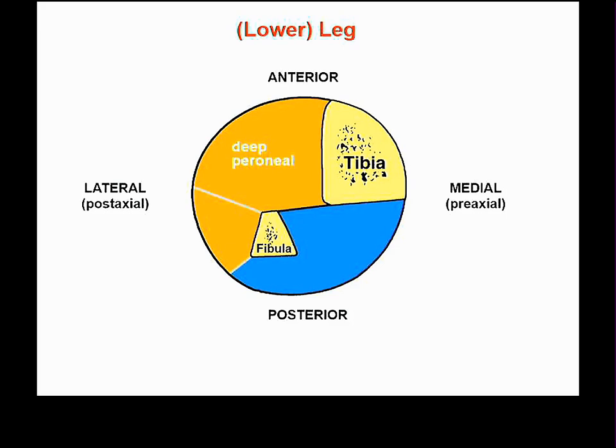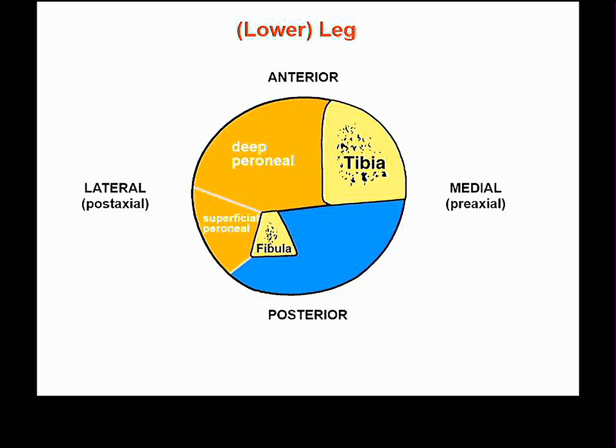The other branch of the common peroneal is the superficial peroneal, and it does what the gluteal nerves and the isolated branch to biceps femoris from the common peroneal did in the thigh. The superficial peroneal does the lateral compartment muscles of the lower leg. Two dorsal compartments, developmentally dorsal, are done by the common peroneal through its deep peroneal branch and superficial peroneal branch.